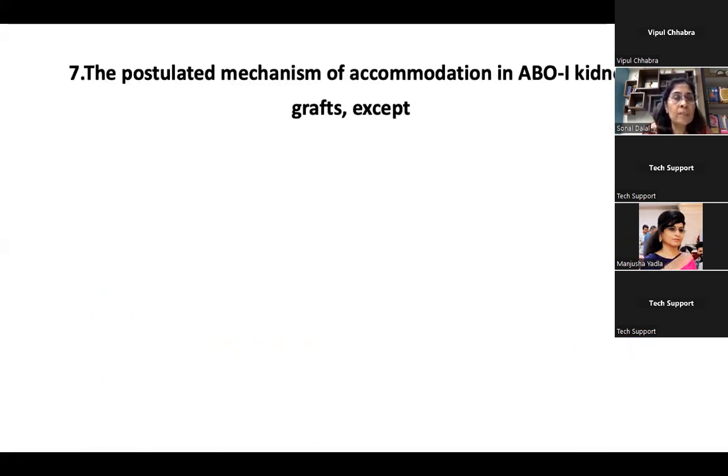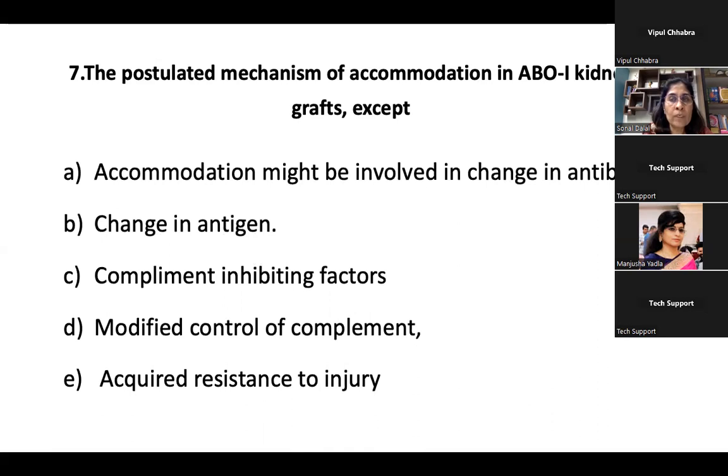Question number 7. The postulated mechanism for accommodation in ABO incompatible renal transplant. All of the following are a postulated mechanism for accommodation except option A, accommodation might involve changes in antibodies. Option B, change in antigen. Option C, complement inhibiting factor. Option D, modified control of complement. And option E, acquired resistance to injury.